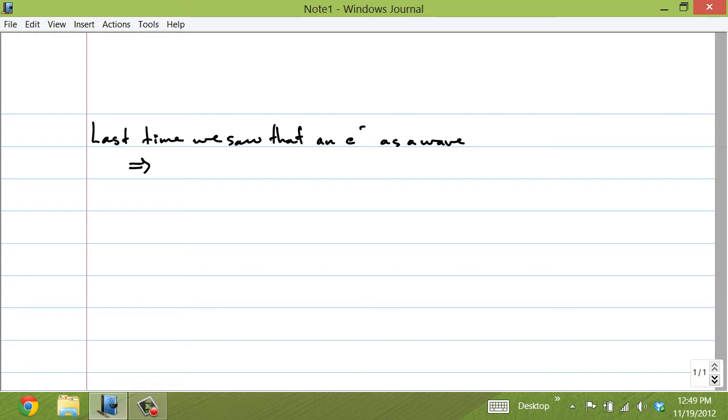I remind you that we regarded an electron as a wave with a wavelength known as the de Broglie wavelength that depended on the momentum of the electron, just as the wavelength of light depends on the momentum of the photon that you're considering. And we saw that this would lead to two sorts of effects.